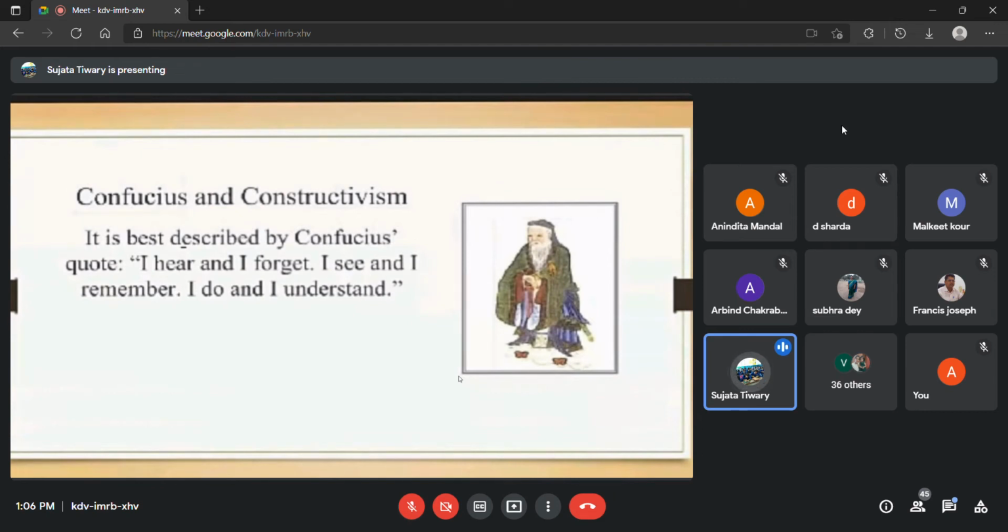But when the children do the things, they understand. Like practical work: we take the theory classes, the children forget. But the same children, when they come to the lab and do an experiment or activity, they remember for long.